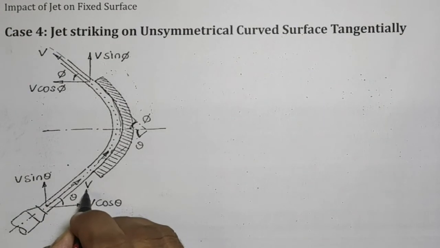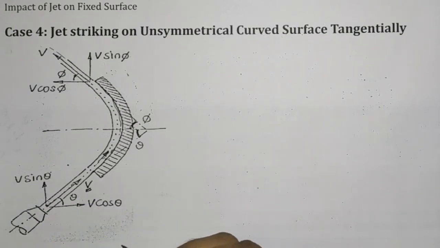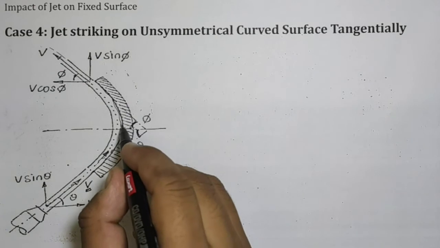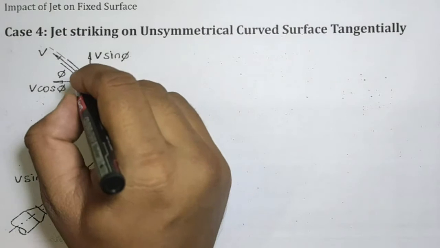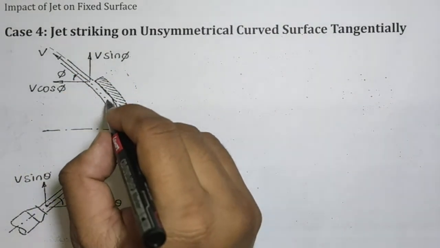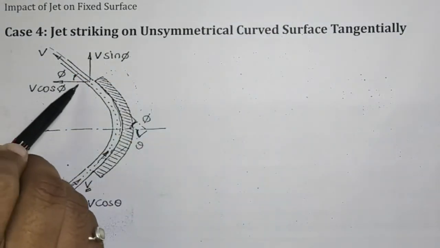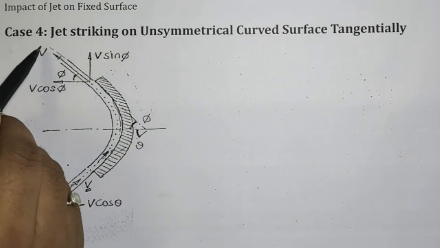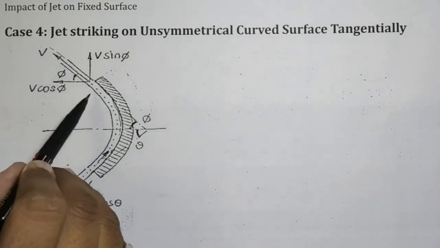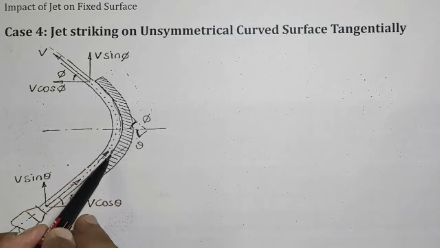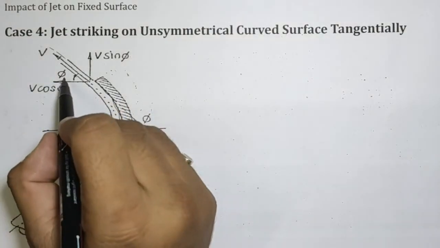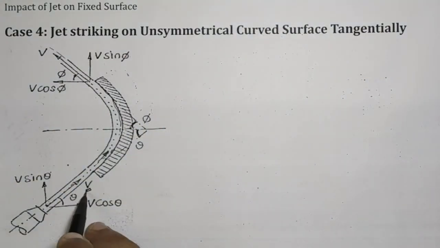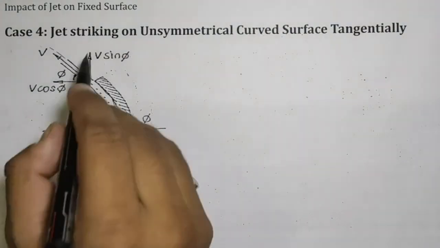It enters with velocity v meter per second. Due to this geometry, it deviates through an angle from theta to phi, and because of the geometry it exits with velocity v meter per second, as we have a frictionless surface. So this v, with inlet angle theta and outlet angle phi, can be resolved into two components at inlet and at outlet.